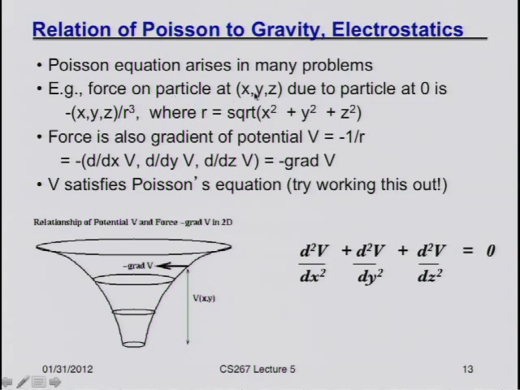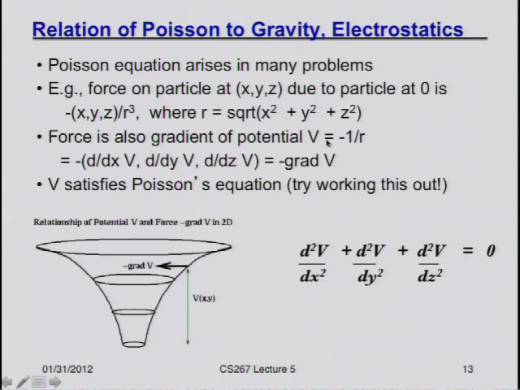So if I want to compute the force on a particle which is located at x, y, z, due to a particle at the origin, and it's either gravity or electrostatics, here's the classical formula we all learned. It's the vector pointing from the particle back to the origin divided by r cubed. This is an inverse square law, right? So the size of this vector is 1 over r squared. So the way you can solve this is that the force, this is the force you want, it's the gradient of the potential.